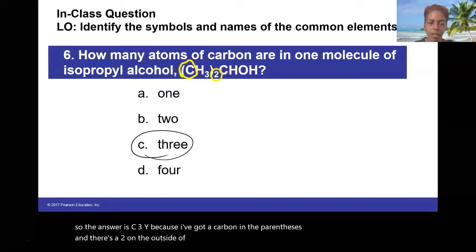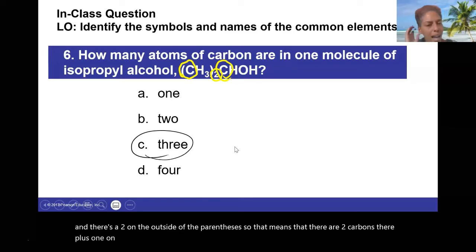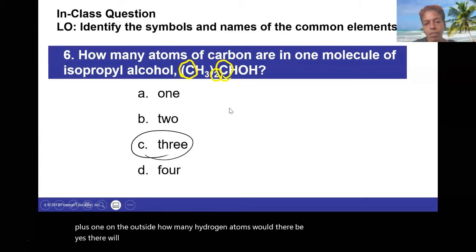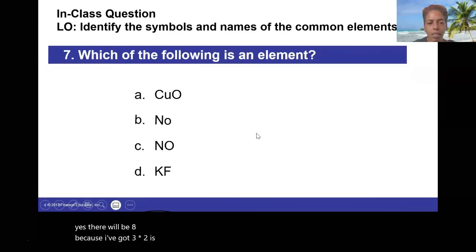So that means that there are 2 carbons there plus 1 on the outside. How many hydrogen atoms would there be? Yes, there would be 8 because I've got 3 times 2 is 6, 7, and 8.